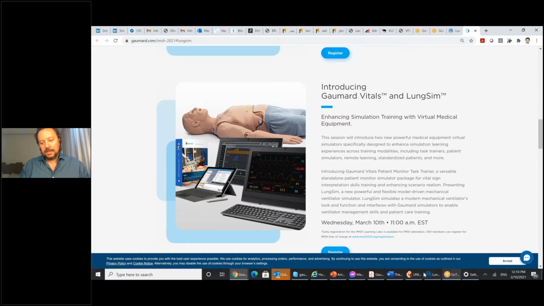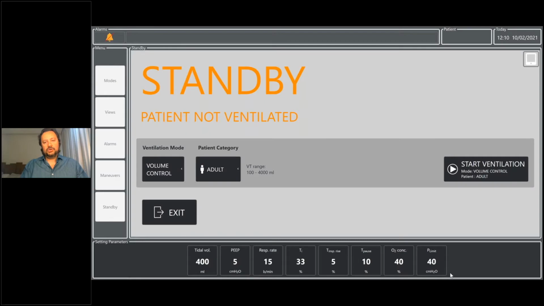Okay. In the meanwhile, let me start with showing the software. So this is the Lungsim. The Lungsim is meant to simulate a real ventilator.